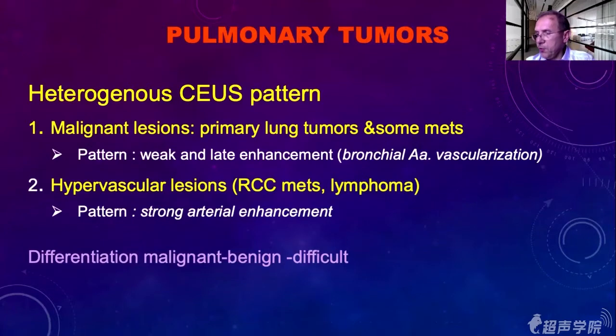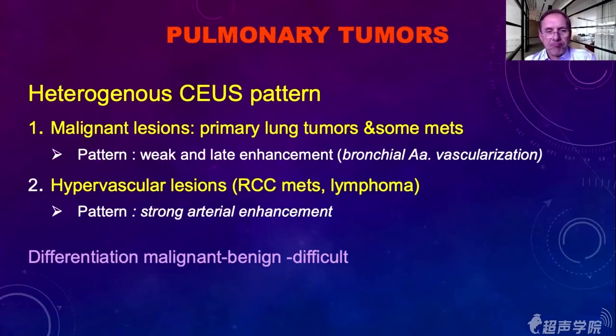Regarding pulmonary tumors, we have malignant lesions that are enhancing weakly and late, because we have here a bronchial artery vascularization, and we have hypervascular lesions like metastases from renal cell carcinoma or lymphoma, so we have a strong arterial enhancement.